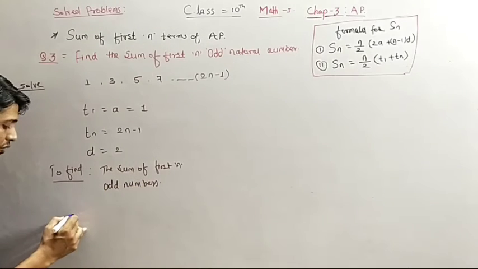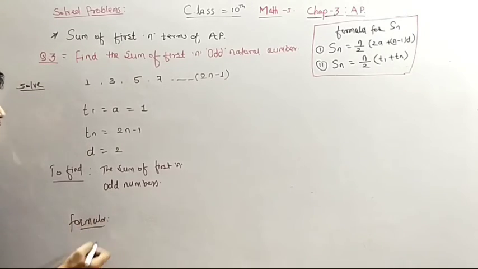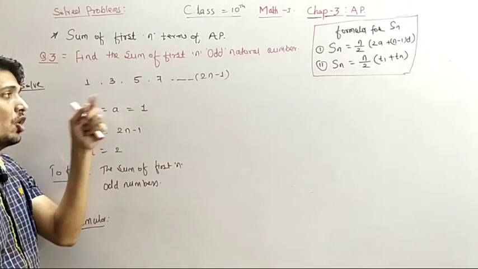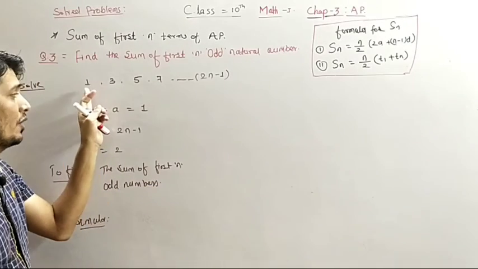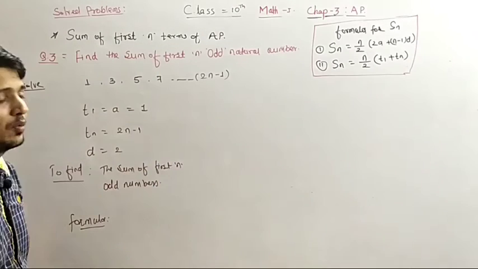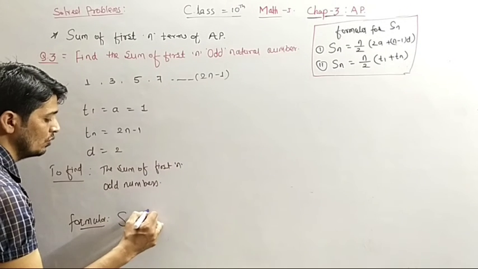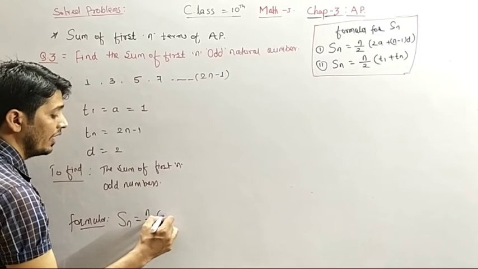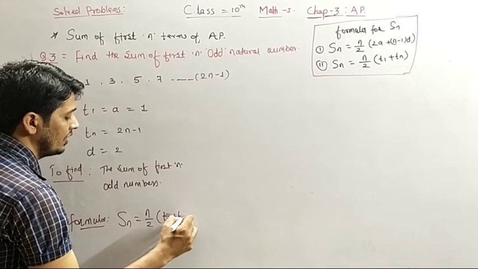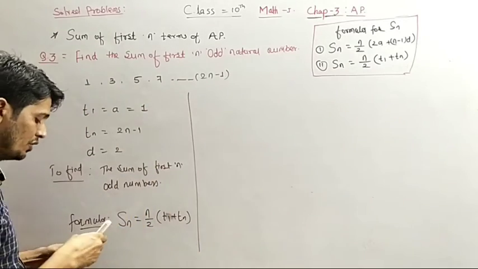Now we have to use a formula. We can use both formulas for the derivation of the sum of first n odd natural numbers, but here we have the first number as well as the last number, so we will use the second formula. The formula will be Sn equals n divided by 2 into t1 plus tn, the last term. Now we are going to solve the question.